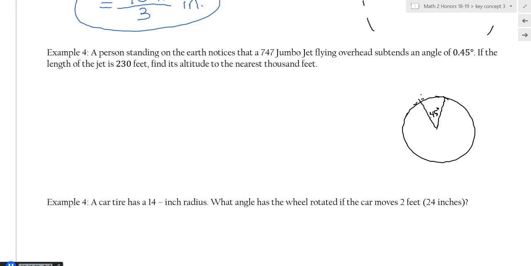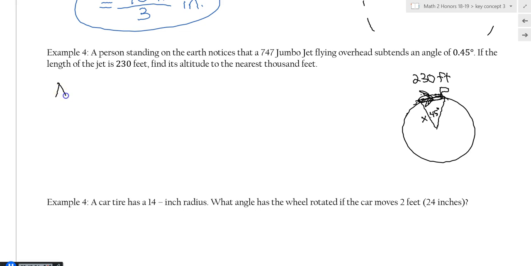The length of the jet is 230, so that's up here. Here's my beautiful plane. I'm trying to draw a plane. And we're trying to find x, how high above it is.